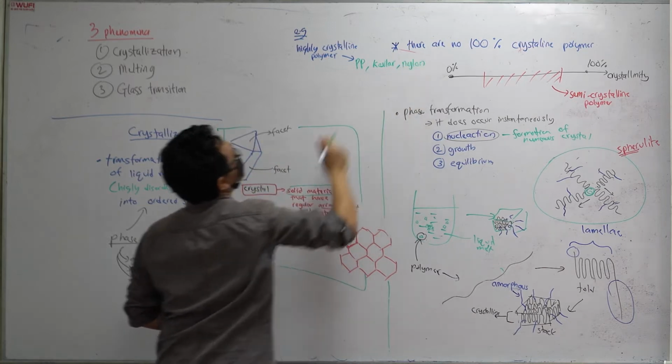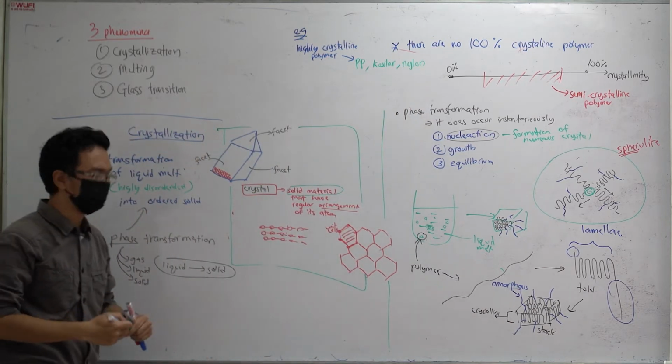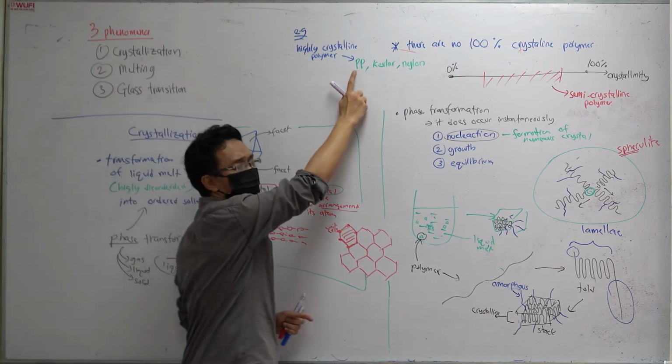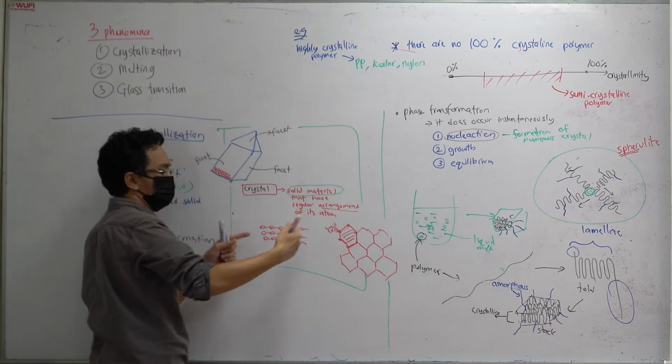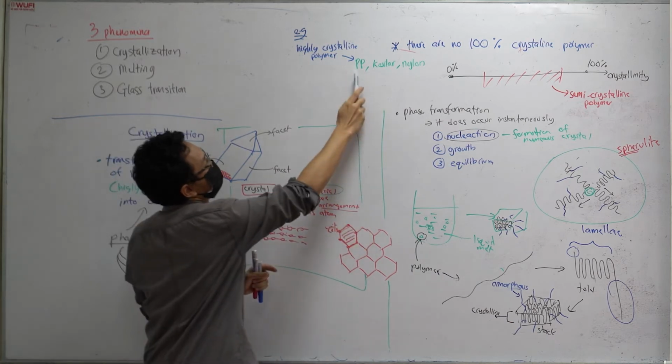So these are examples of highly crystalline polymer. Polypropylene, this is polypropylene, meaning that you have poly and then you have propylene repeat units.